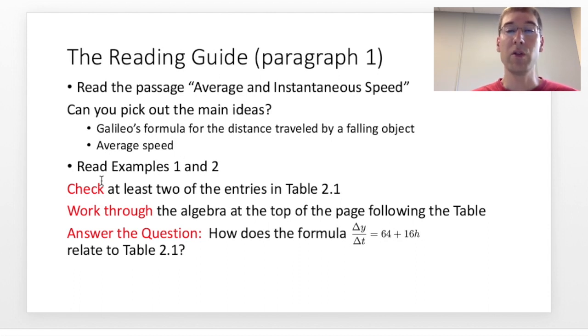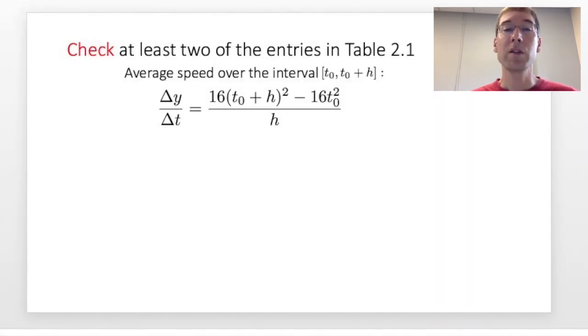Next, you should read through examples 1 and 2. Once you've read them, there are a couple of things for you to do. The reading guide says to check at least 2 of the entries in table 2.1. What we're doing is computing average speed over the interval t0 to t0 plus h.